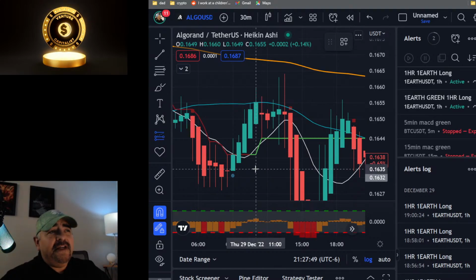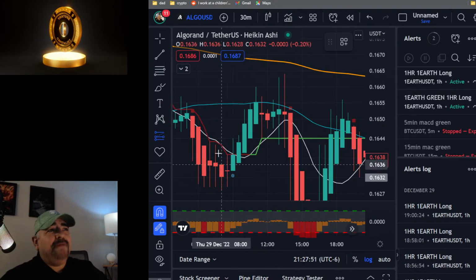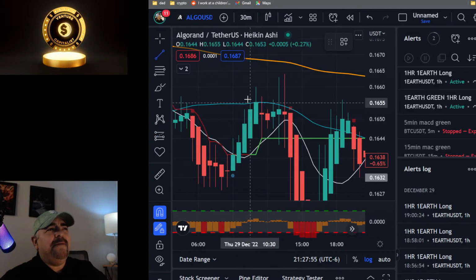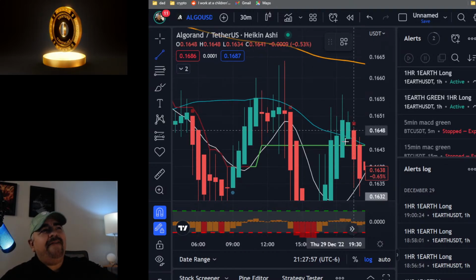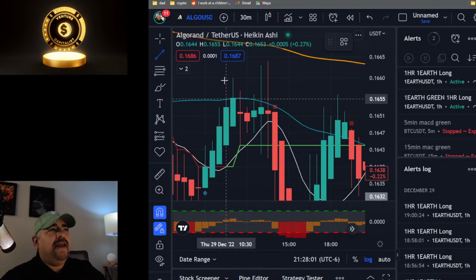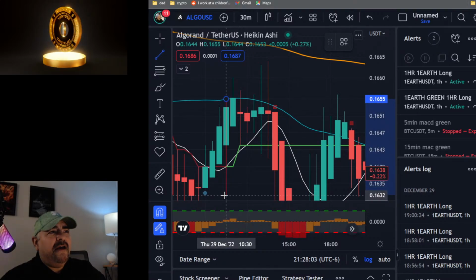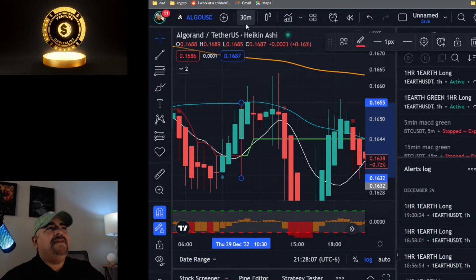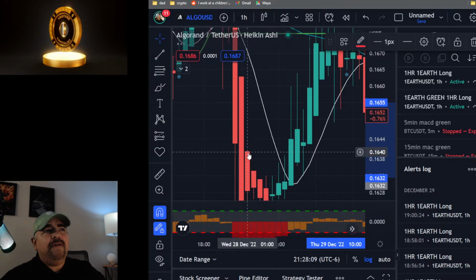So on this particular move here, we have a 30-minute option. I'm going to set it up here. What I'm looking for is price action that went red to green, right? Right in that area. And I'm going to put a line through that, just so I can go back and take a look at the 1 hour versus the 30-minute, right?